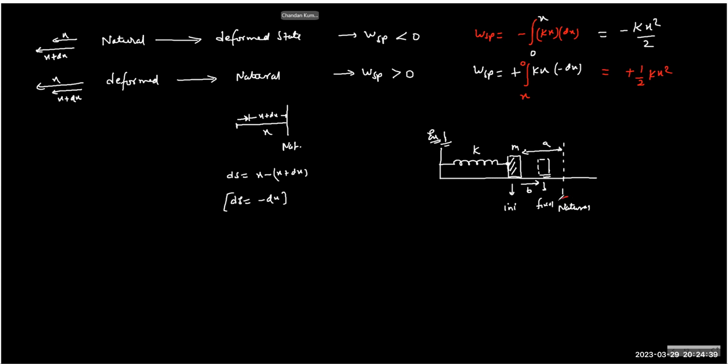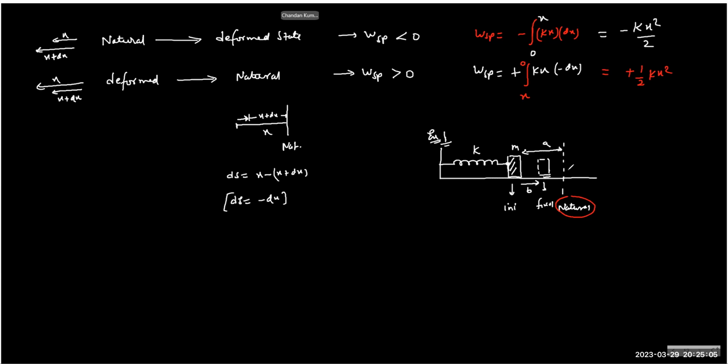Because the natural is here, you're left of natural, right? So the spring is under compression or elongation? Compression. So you want to go back to natural. So will you push the block right or left? Like how will the spring apply force on the block, towards right or towards left?